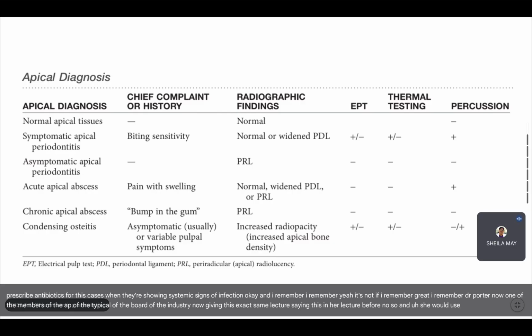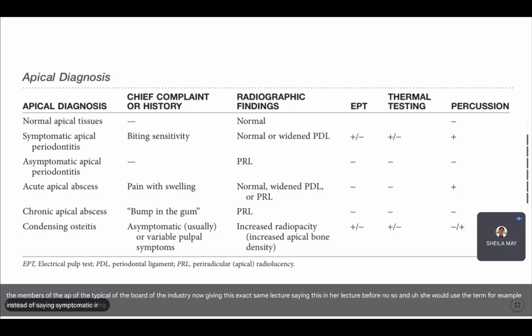She would use the term, for example, instead of saying symptomatic irreversible pulpitis with symptomatic apical periodontitis, she would use SIP-SAP. So, yung initials lang. So, pulp necrosis with AAP, so PN, AAP. You need to know that sometimes this is done. That's why I'm mentioning it now.